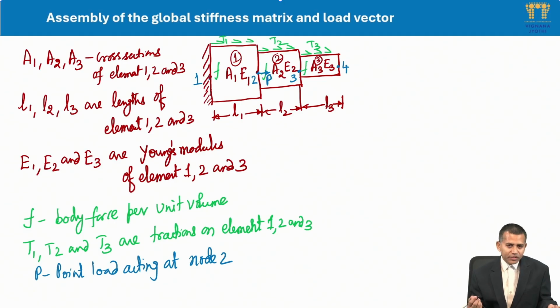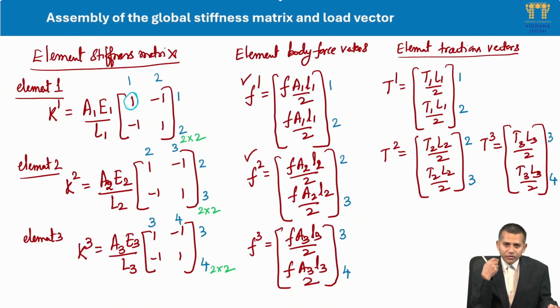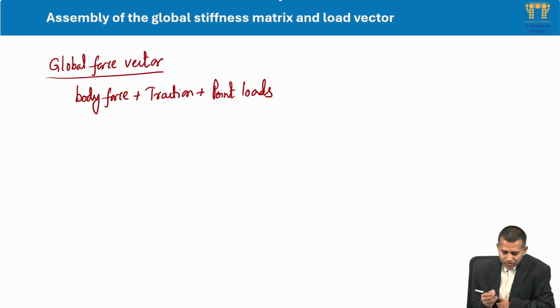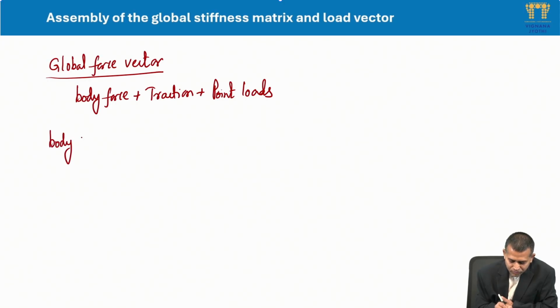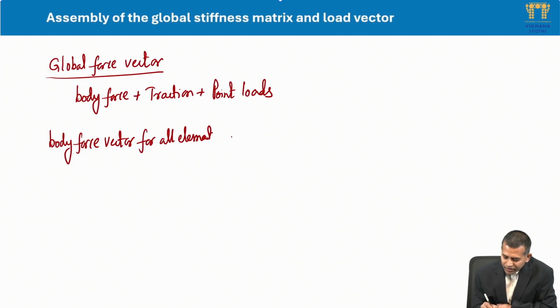So if you want to write this body force vector, it will be 4 by 1, because you have only 4 nodes in total. That is the body force vector for all elements, so 4 by 1.